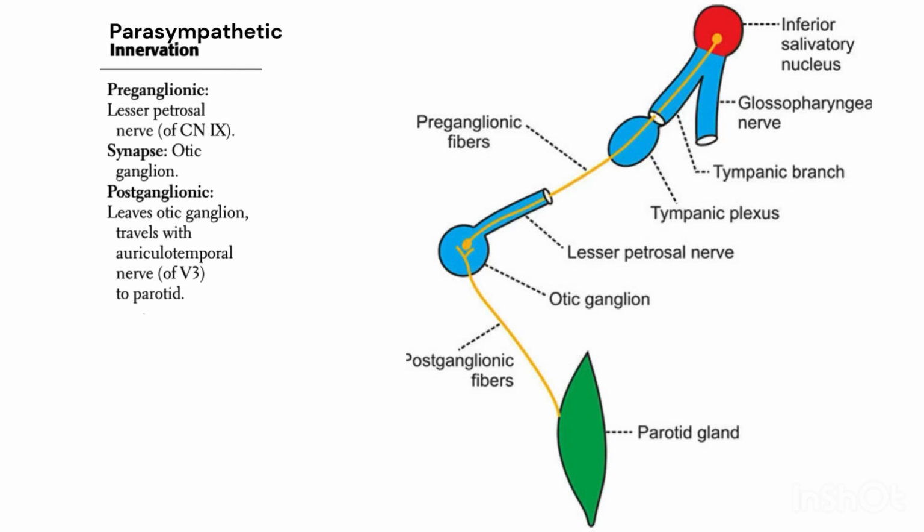Then preganglionic fibers run through the lesser petrosal nerve, which is a branch of the glossopharyngeal nerve. It synapses in the otic ganglion, and the postganglionic fibers will leave the otic ganglion. They will travel via the auriculotemporal nerve to reach the parotid gland.